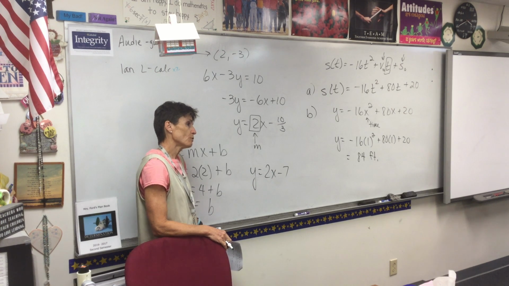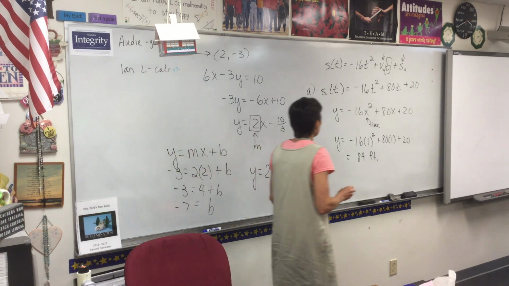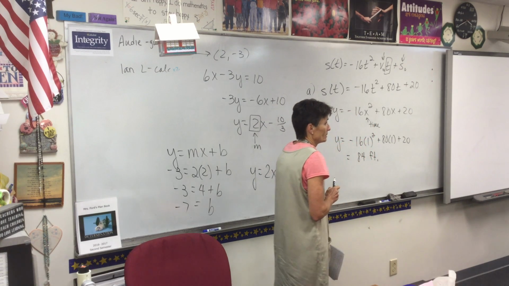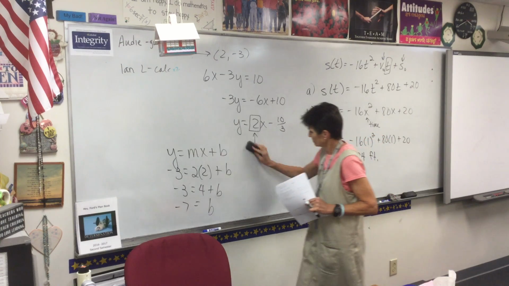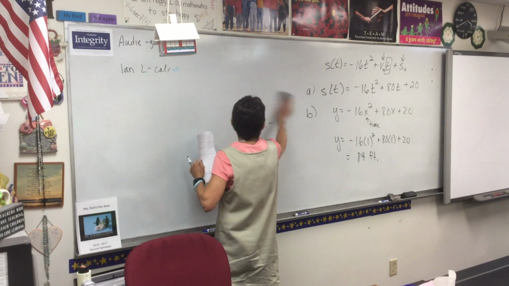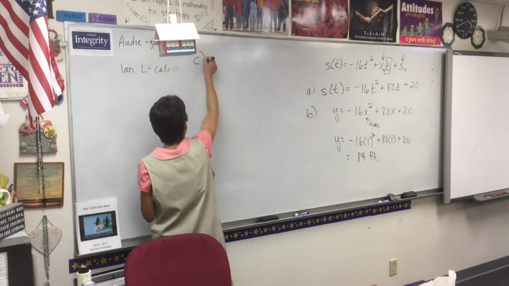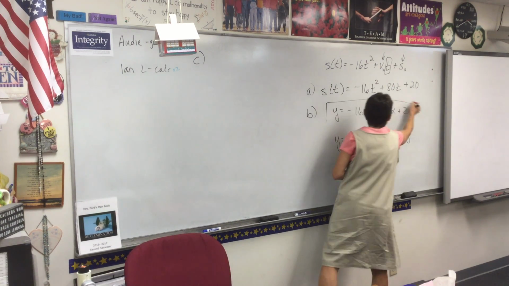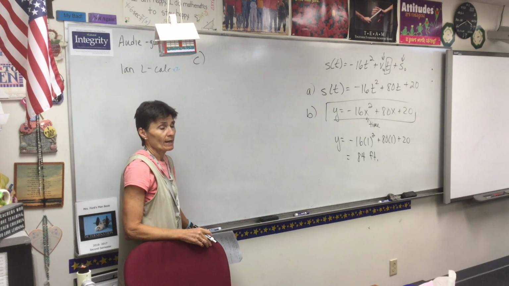Remember, once you've written your equation, every question simply requires you to plug in either a y or an x. So you're either going to plug in a time or a height. Alright, here we go. When is the ball on the ground? So we're using our same equation.